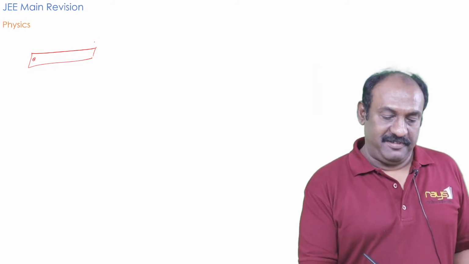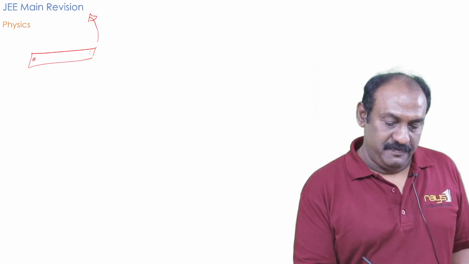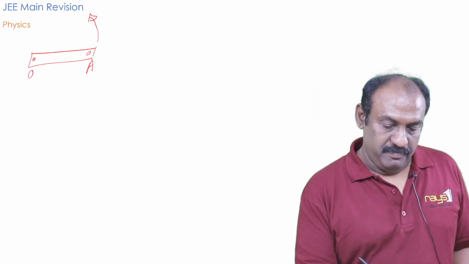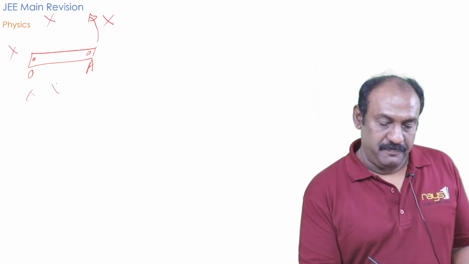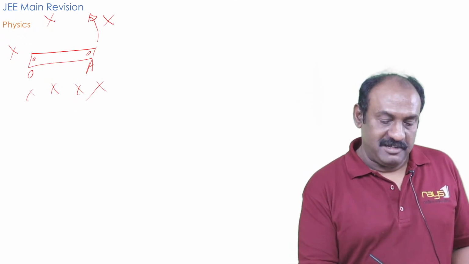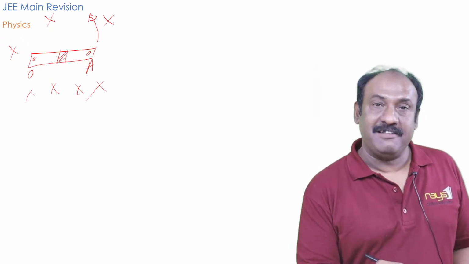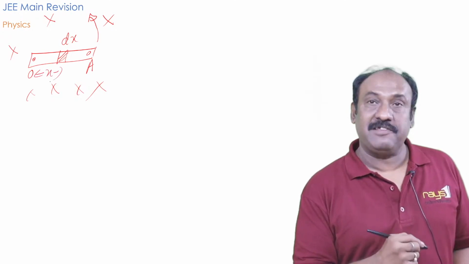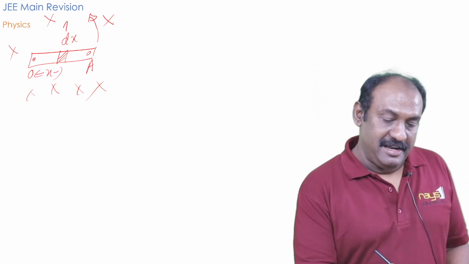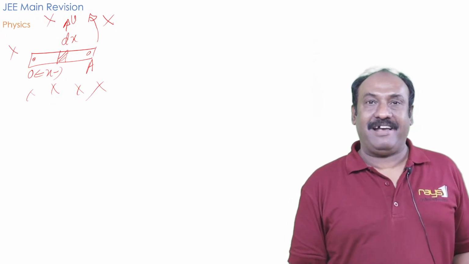When it rotates in the anti-clockwise direction, the magnetic field is directed into the plane of the paper. I consider one of the elemental strips of thickness dx at a distance x from the center of rotation, and it rotates with linear velocity v equal to x omega.